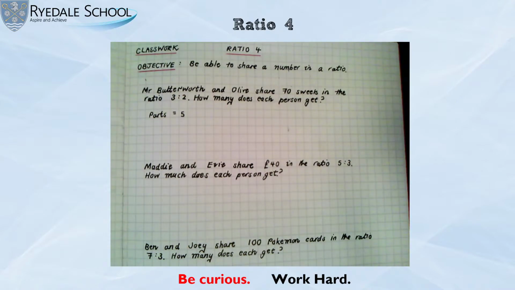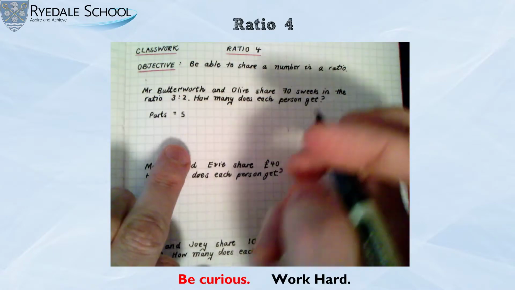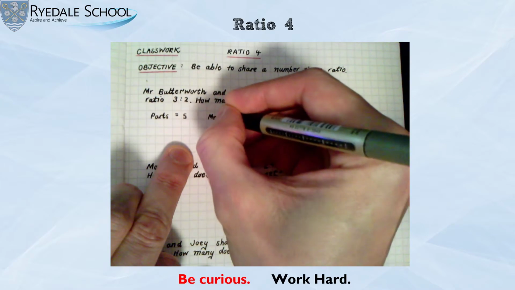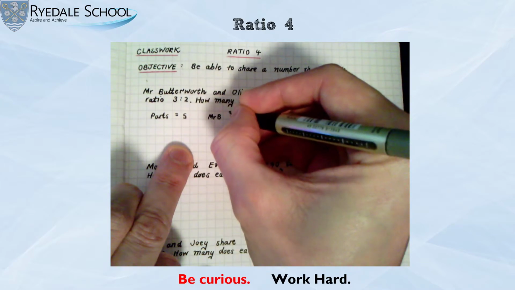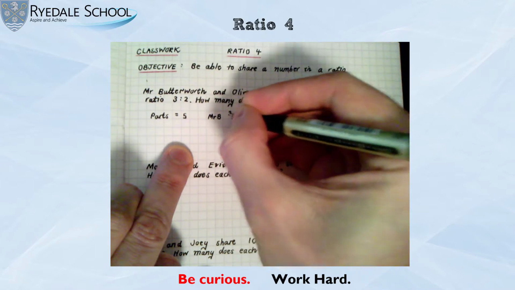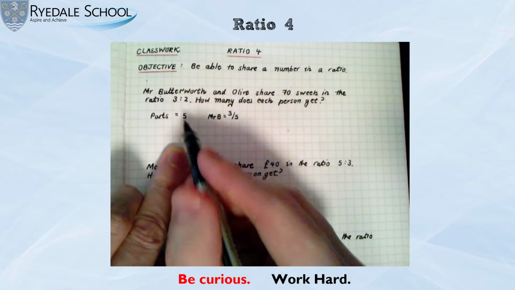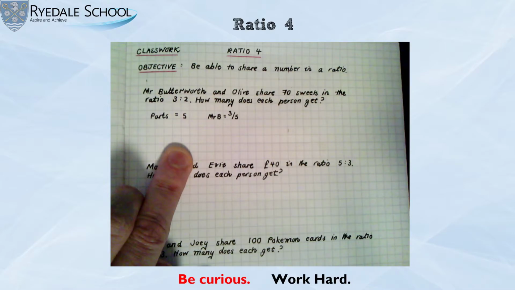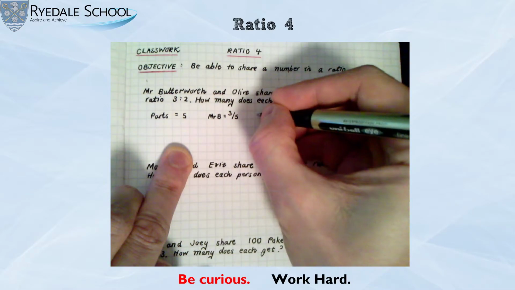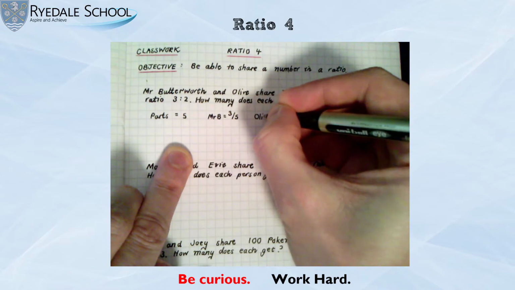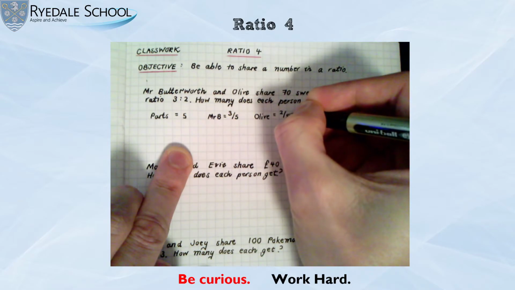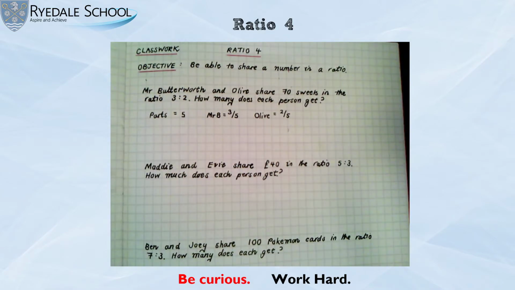So thinking back to ratio 3's lesson, the proportion as a fraction that I am getting is 3 parts out of 5. There were 5 parts altogether and I am getting 3 parts. Okay, Olive is getting 2 parts out of 5. So she is getting 2/5.